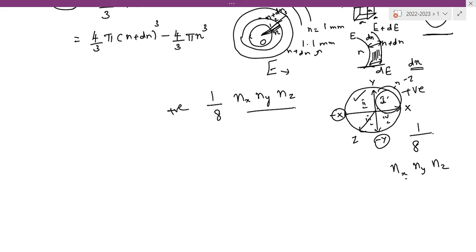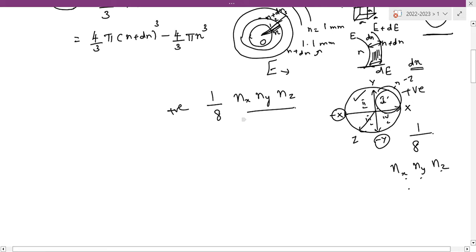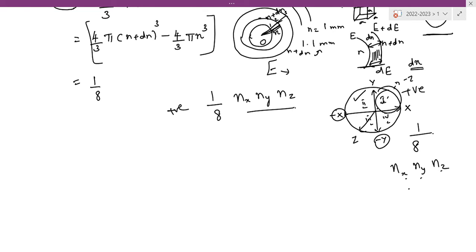Therefore, in this derivation, it should be multiplied by 1 by 8, because irrespective of negative and positive sides the whole sphere is considered, but here only one octant of the sphere is taken.